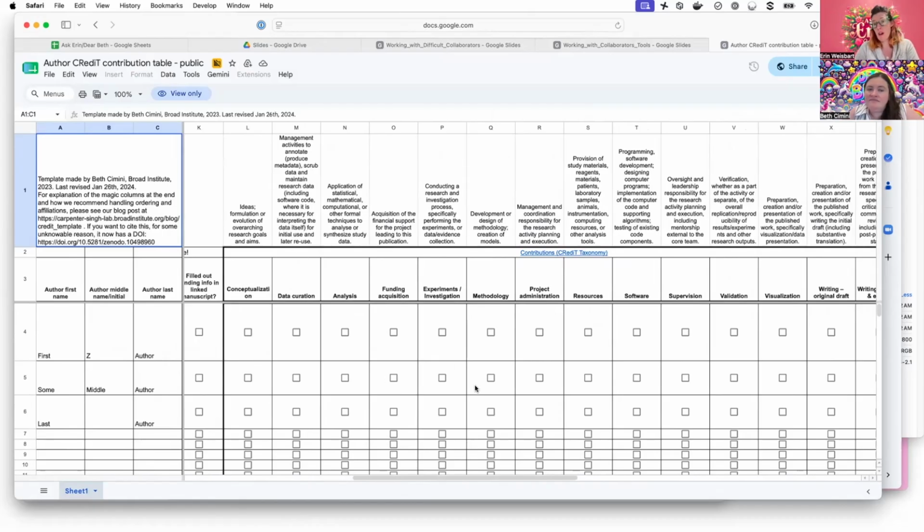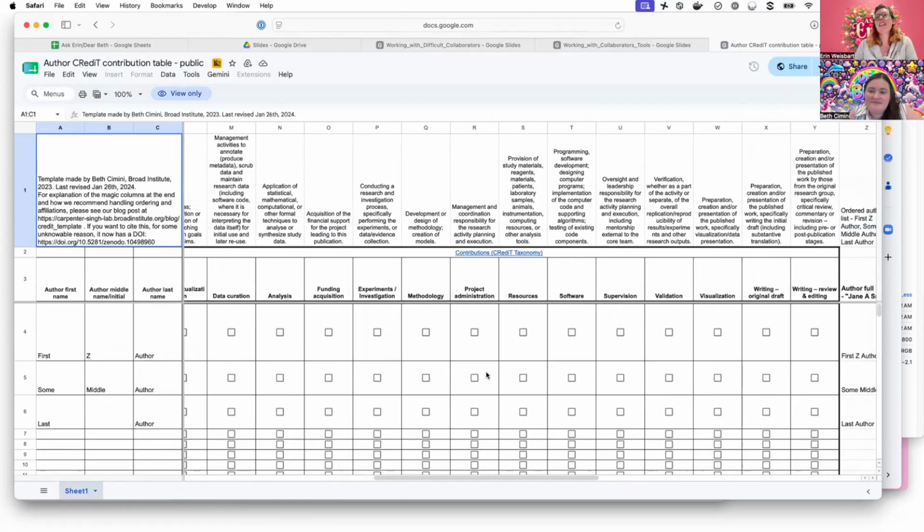This is helpful for anybody, we think it's a great tool, but particularly helpful in unearthing to people, and explaining to people, why certain things do actually merit authorship that they may not have been thinking about from the beginning. There are a lot of categories here, a lot of different ways that one can be intellectually involved in a project to the point that they should be an author. And this helps make that clear.